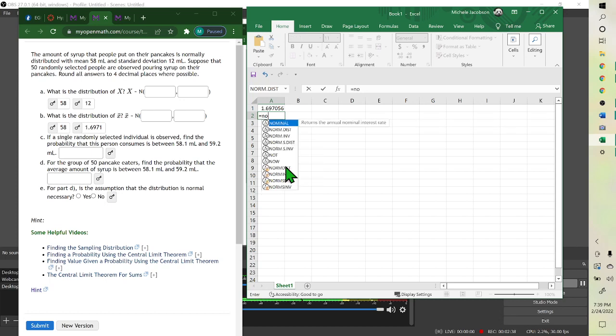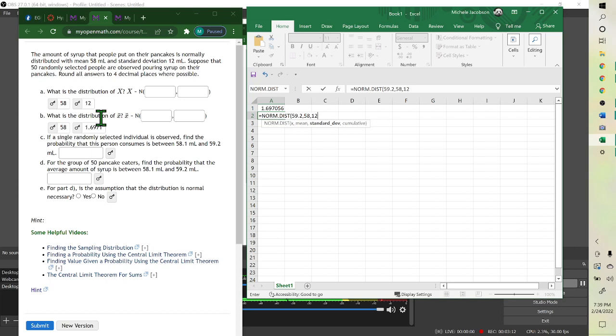and start to type normal. Now, we want percent, so you use normal distribution. If you have the percent and you're finding the number, you use normal inverse. So we want normal distribution and double click it. Then it tells you what you need. You need the x value, which was 59.2, comma. Now this was a single randomly selected individual, so you use part A, 58 and 12.